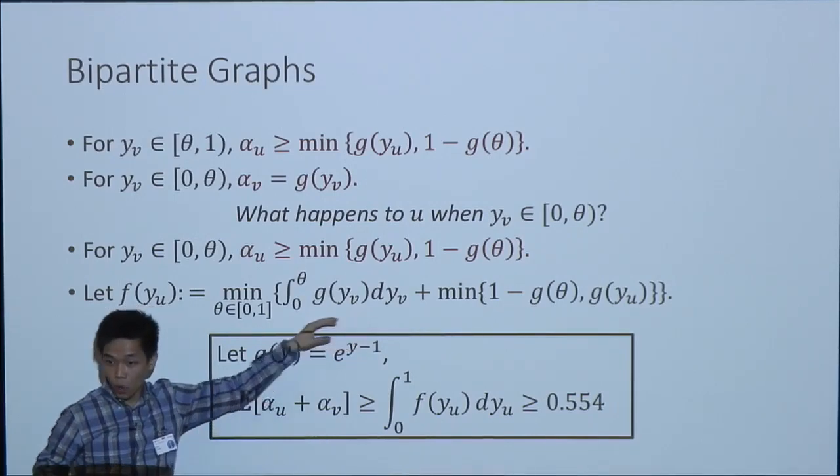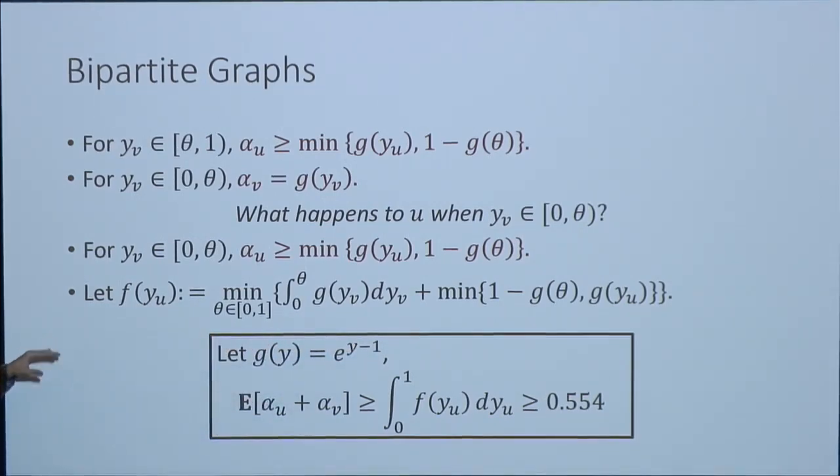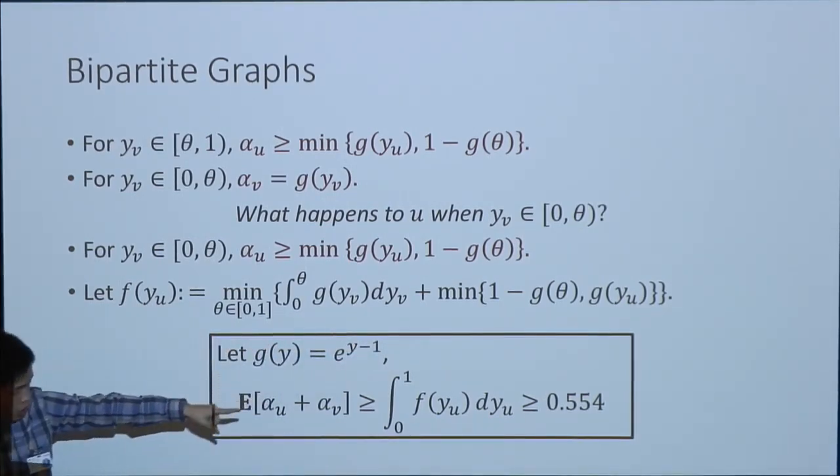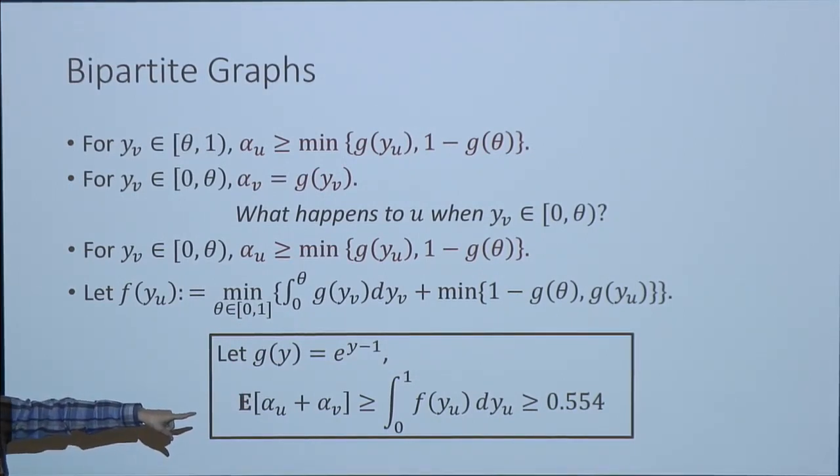But you know, it's very close to optimal. A better analysis will improve this ratio, as I'll mention towards the end. But if we stick with this analysis, with this lower bound on the total gain, then even if you optimize G, you're not going to get too much better than this 0.554.